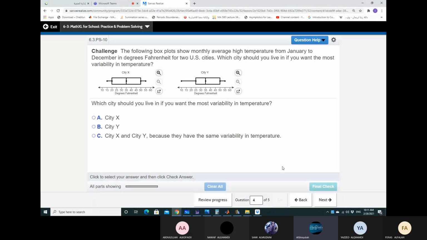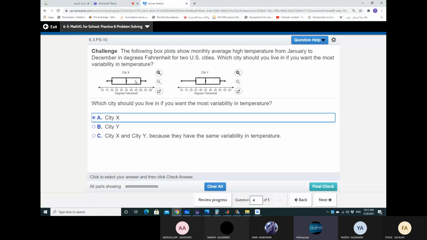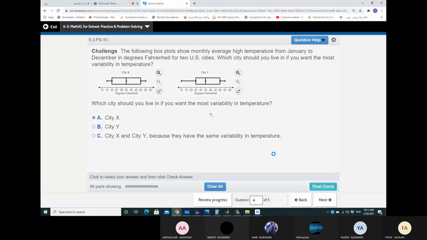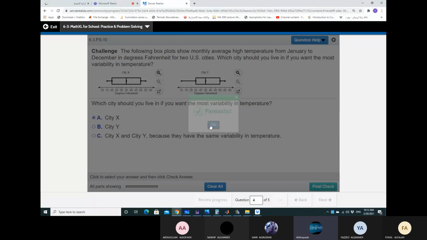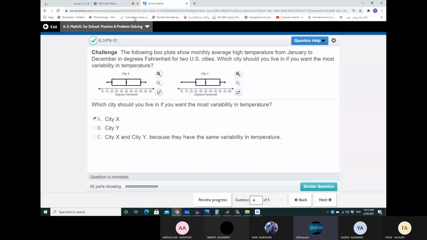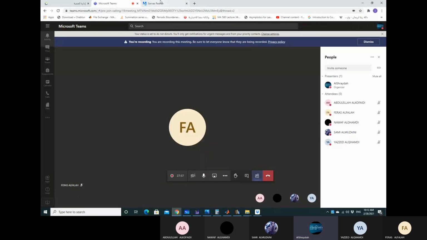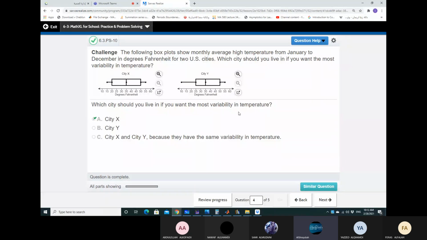I think it's city X because of the width of the box. Okay, so this is how to answer such questions. If you want to check the variability, you have to concentrate on the width of the box.